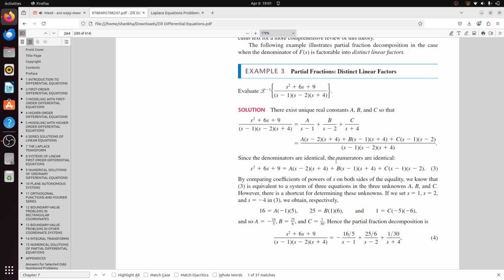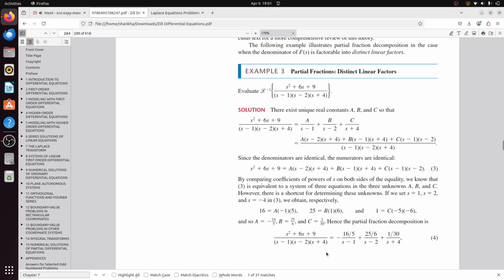So this is s square plus 6s plus 9 by s minus 1 into s minus 2 into s plus 4. If you break it up, you will get minus 16 by 5, 25 by 6 and 1 by 30 as the numerators.